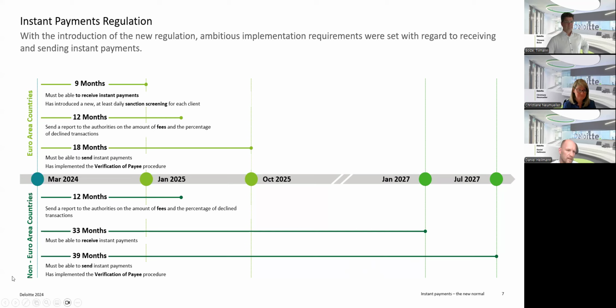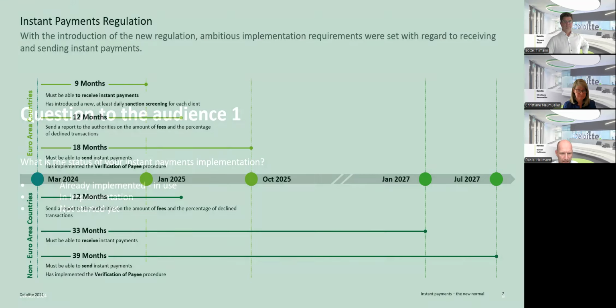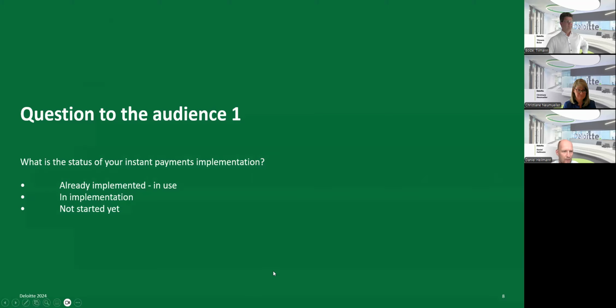Before we move to the part for the use cases and the monetization of instant payments, we have one question for you. I would like to ask you to use the poll function in Zoom, but please only look at the banking participants here, or PSP participants. And the question is, what's your status of the instant payment implementation?